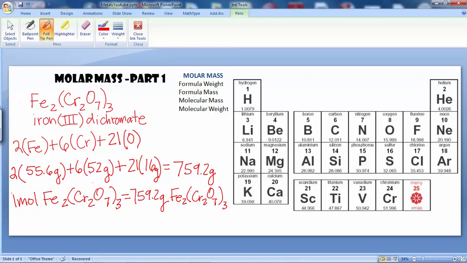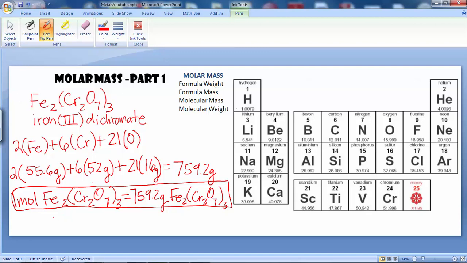So at that point, we are finished when we have calculated the molar mass.